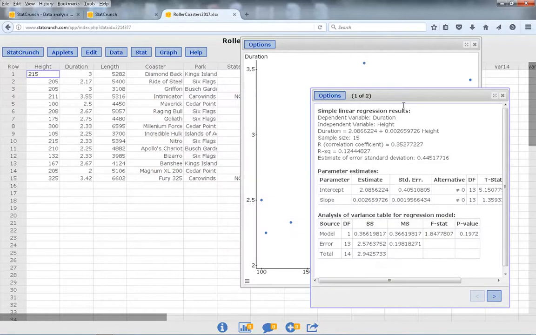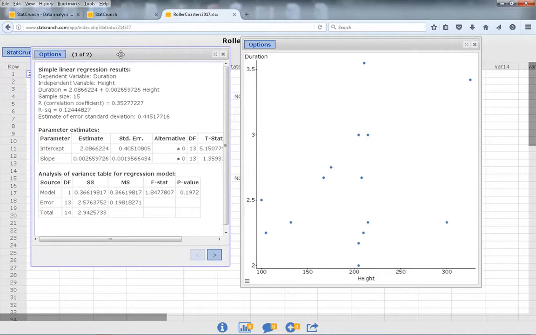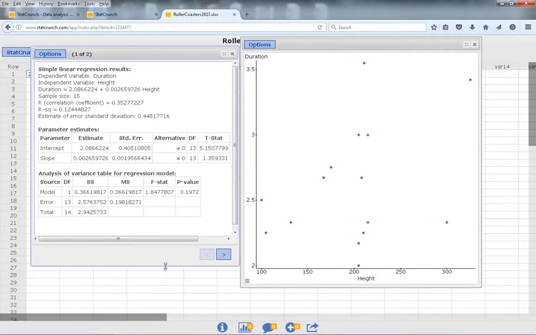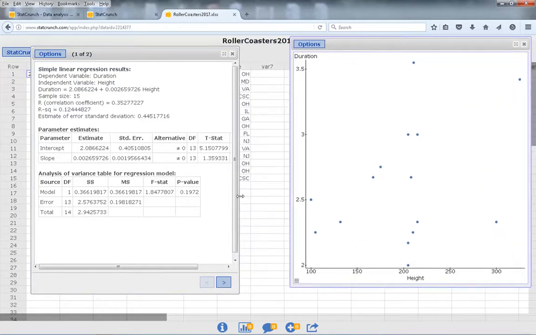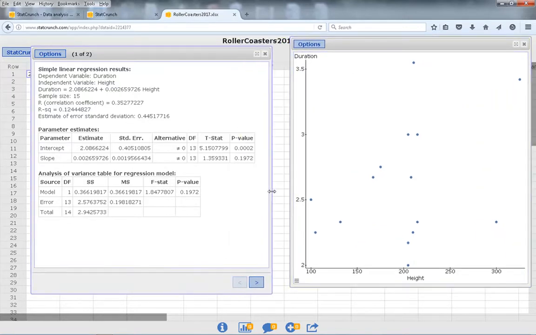Click compute, and notice it's going to give you some of the descriptive statistics first. Okay, let me move these graphs around a little bit, so I'll move the scatter plot over a little bit. So if we remember, we're going to look at the slope row. Now the correlation coefficient is 0.35. Okay, so what that tells me is there's a little bit of a positive relationship, but it's not real strong.